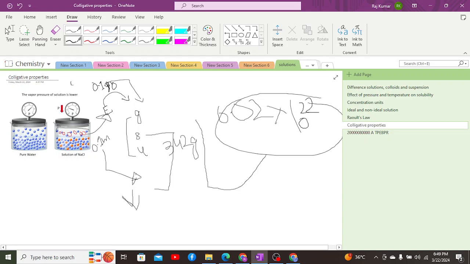So we can say that this is a property which is dependent on the collective number of particles of molecules. These properties, which are only dependent on the number of particles rather than the structure or the arrangement of particles, are known as colligative properties.